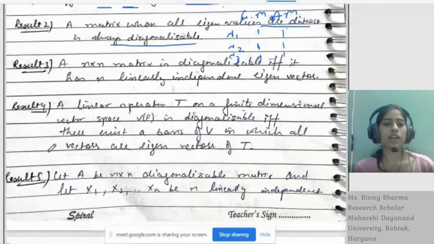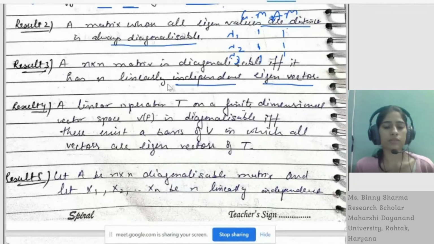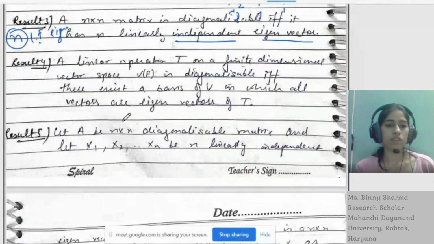Result 3. An n cross n matrix is diagonalizable if and only if it has n linearly independent eigenvectors. If we have n linearly independent eigenvectors of an n cross n matrix, then the matrix is diagonalizable. Result 4.